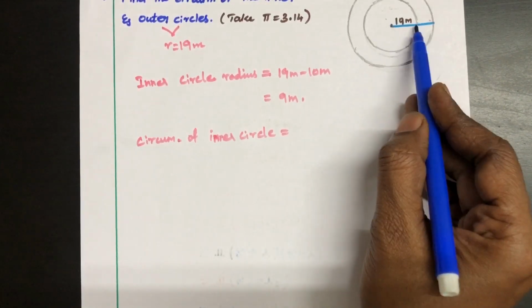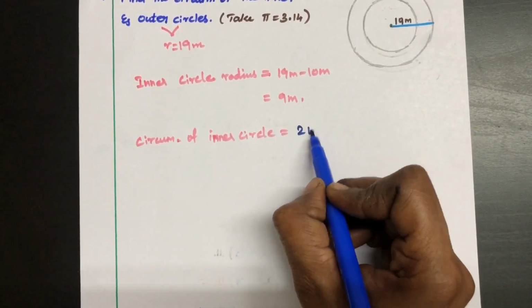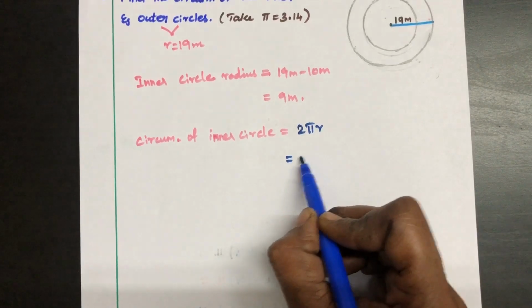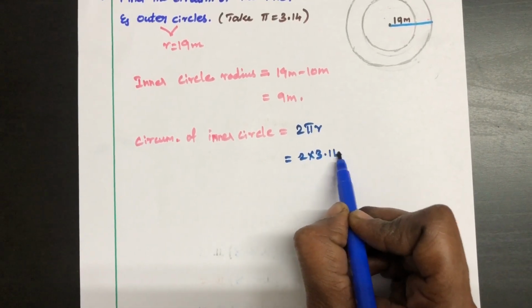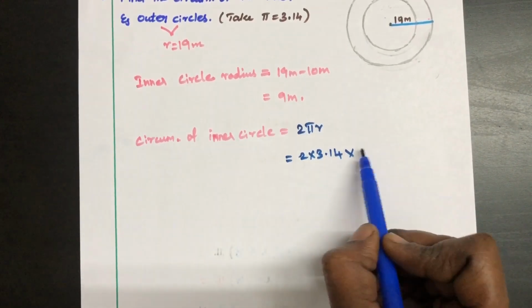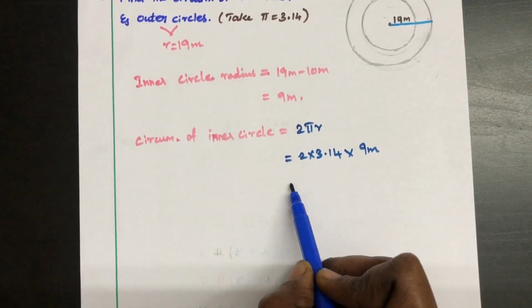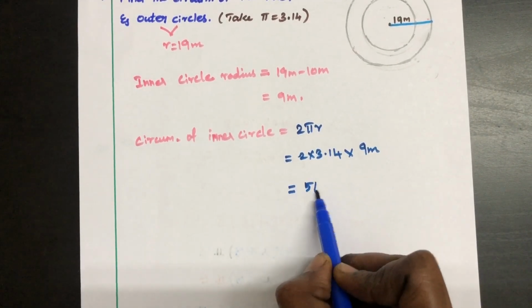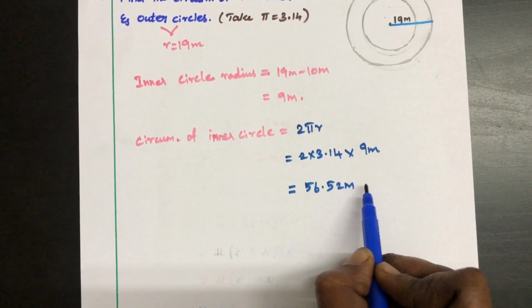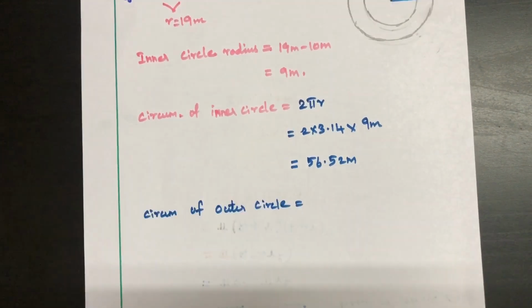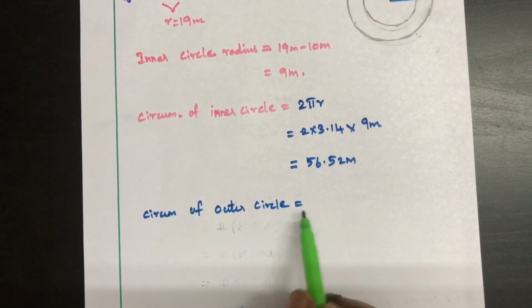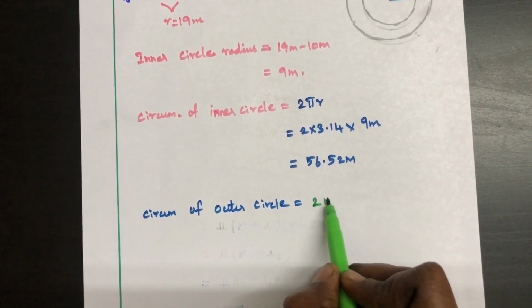So circumference of the inner circle is 2 pi r, which is equal to 2 into 3.14 into inner circle radius 9 meter, which is equal to 56.52 meter. This is the circumference of the inner circle. Circumference of the outer circle is the same thing, 2 pi r.